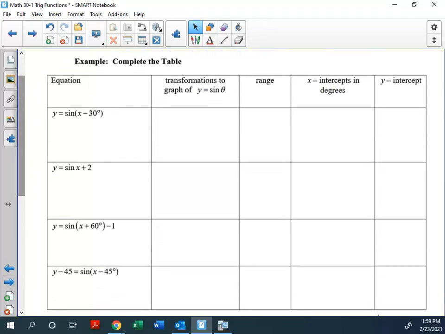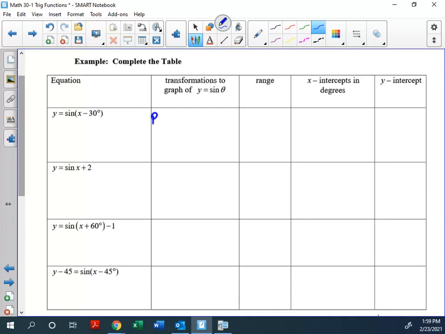Okay, let's start to play with some of them. So when we start to look at these graphs, what we have to understand is just like in our transformations, the C value is inside the brackets. The D value is not inside the brackets. Okay, we have to be able to separate those two effectively. So when I read this, y is equal to sine of x minus 30, because it's in the brackets, I know it's a C value.